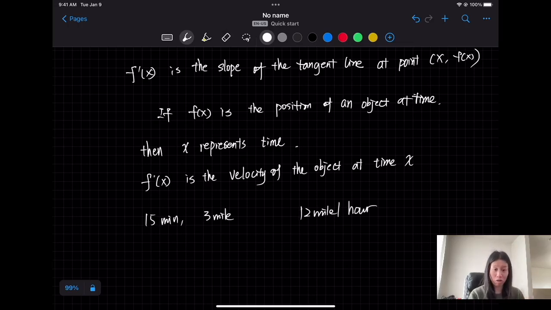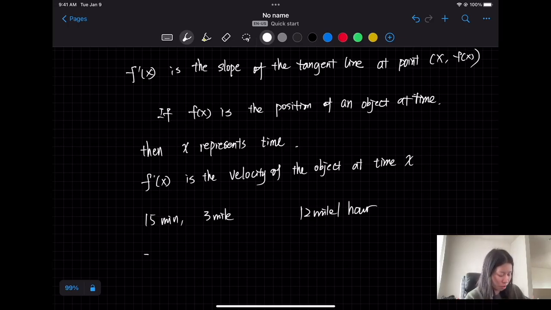But this is not true when it comes to instantaneous speed, because the reason it takes me so long for 3 miles of driving could be that there are multiple stop signs and there is a traffic jam due to heavy traffic in the morning. So that's why it's more accurate for us to describe velocity as the instantaneous speed.